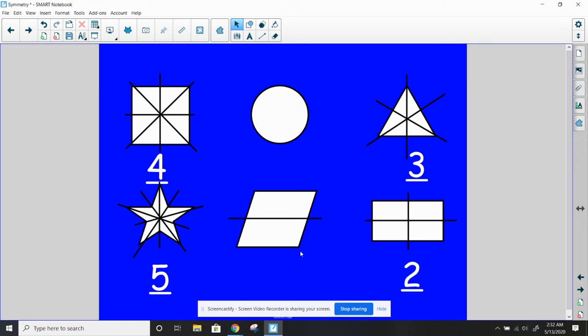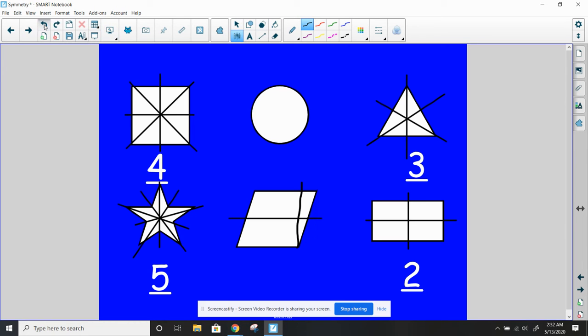Does it look like I can fold this up? Let's see. If I take this corner and fold it straight up, it's going to go here. And if I take this corner and fold it straight down, it's going to go here. Will they match? No, they're not going to match.